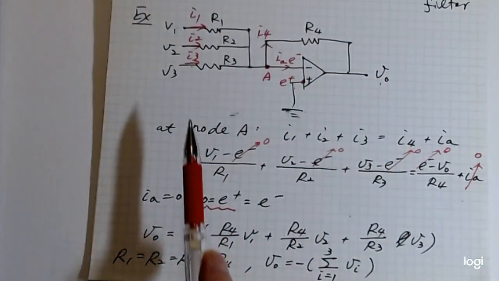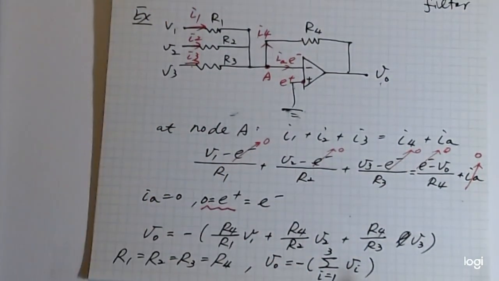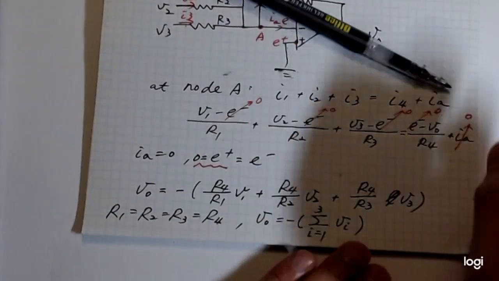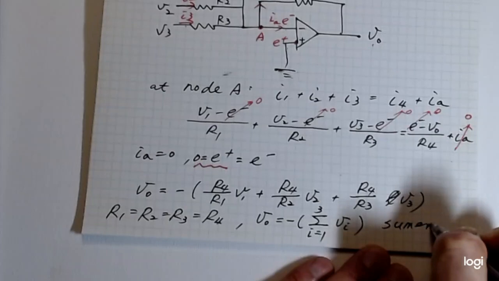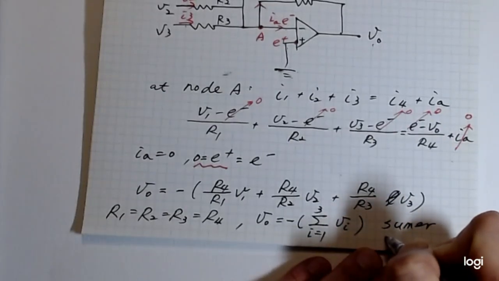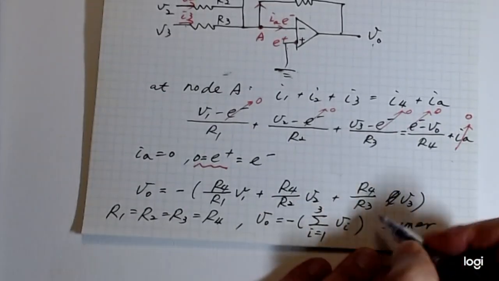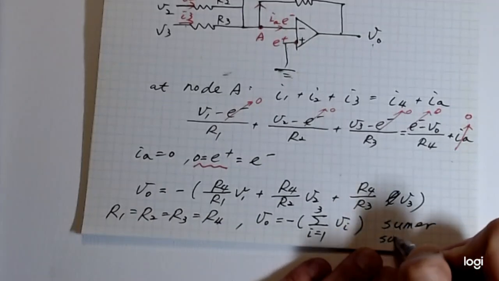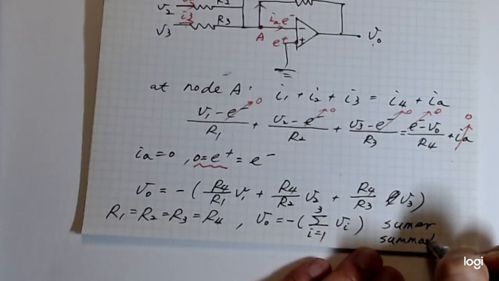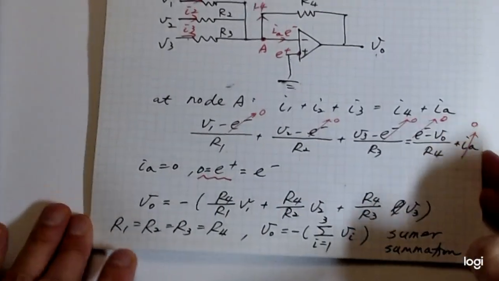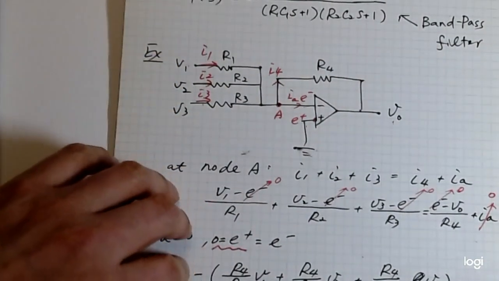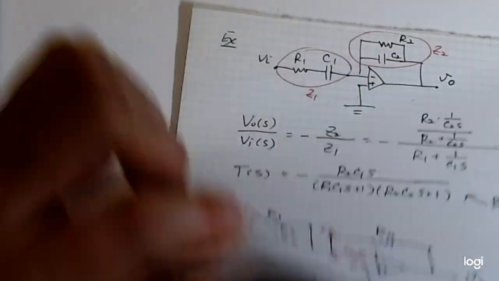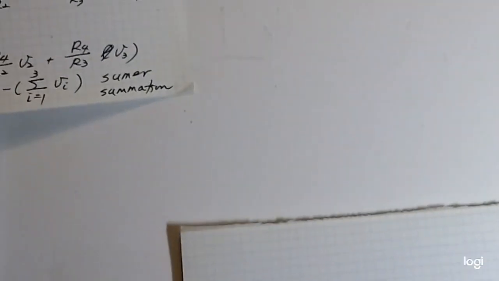This is what we call a summer, or summing amplifier. We can use this circuit to add signals together.